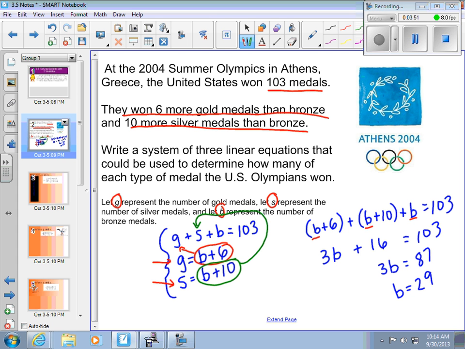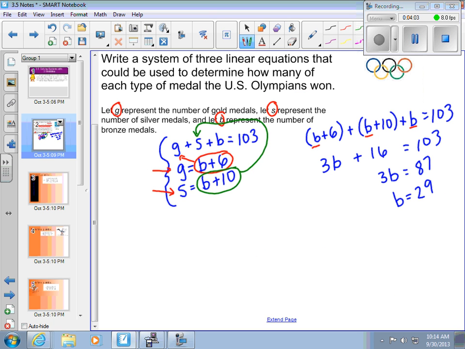Now, just like we've done on some of these other problems yesterday, you're not quite done when you find the first variable. Now you got to find out what do those other variables equal. So we know the number of bronzes, how many golds, how many silvers. Well, now you plug that information back in. It probably won't be good to substitute it back into the first equation, but these second 2 equations are where you're going to want to substitute.